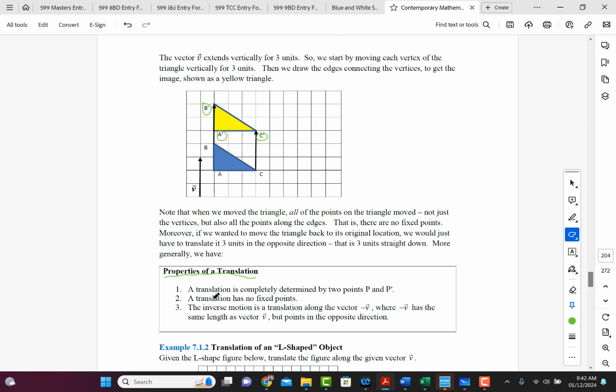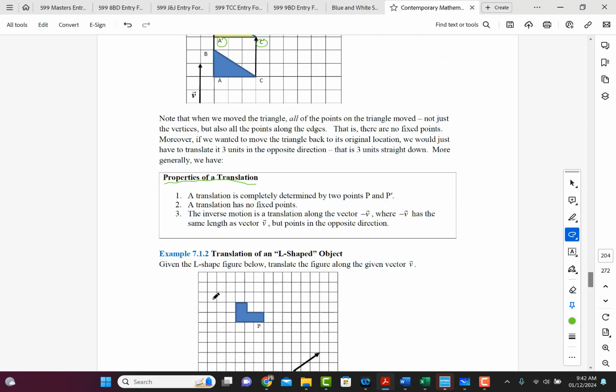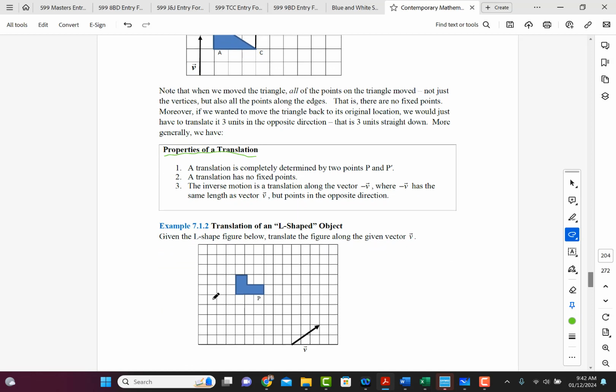Okay, so let's look at the next example. So now look at this. We've got point P, and we've got this vector. The vector is telling us the length and the direction. So that means this point here is going to move to here.